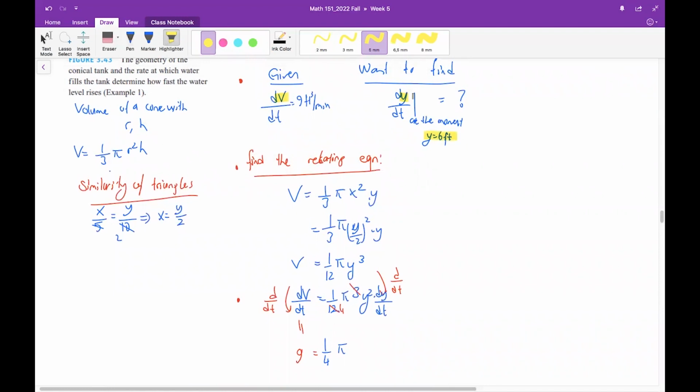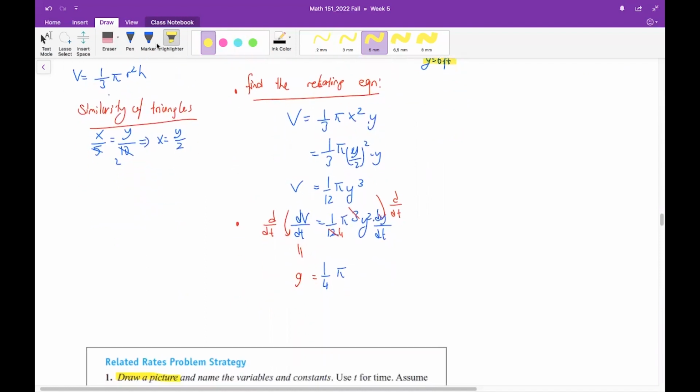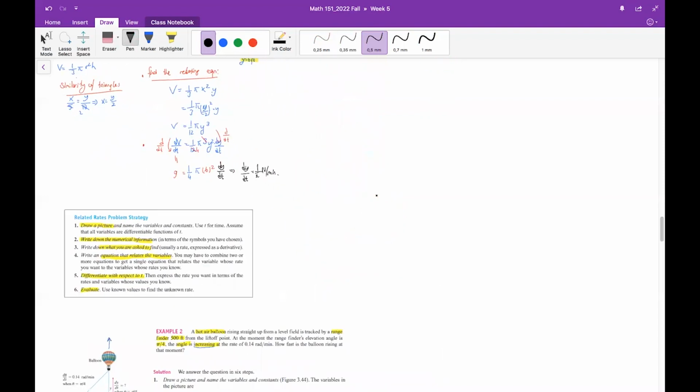We want to find the result of dy over dt when y is 6 feet. Now you are allowed to insert 6 for y and then dy over dt. This is what we want to find. You see in this equation now, the only unknown is dy over dt, which can be solved as 1/pi feet per minute. So this is how you should treat related rates problems.